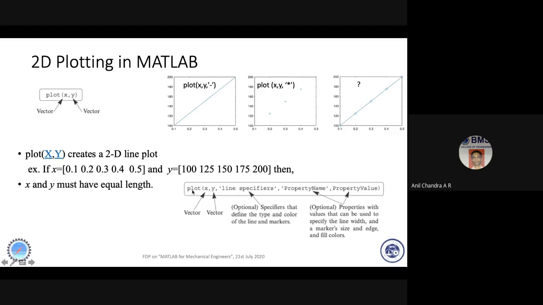So plot x comma y is a very simple, very basic command. But you can put the type of line, the width of line, or you want to put the properties of the line next to the xy command using the open close quotes, right?